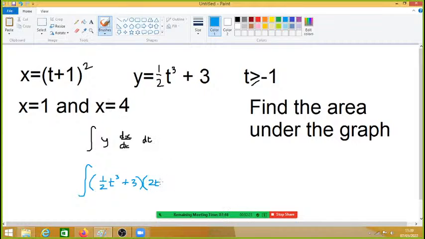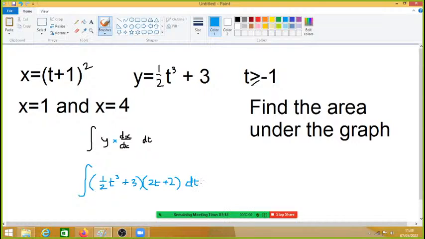So now we're putting in the dx by dt, and notice I've got brackets around it because it's more than one bit, and so I don't want to get it confused. So I've got brackets half t cubed plus 3 for the y. That's just a straight copy. Times by, maybe I didn't make it clear, but these things are being timesed. The y times the dx by dt. Times by, so that's why I've got another pair of brackets, and then the dx by dt, and then the dt to finish it off.